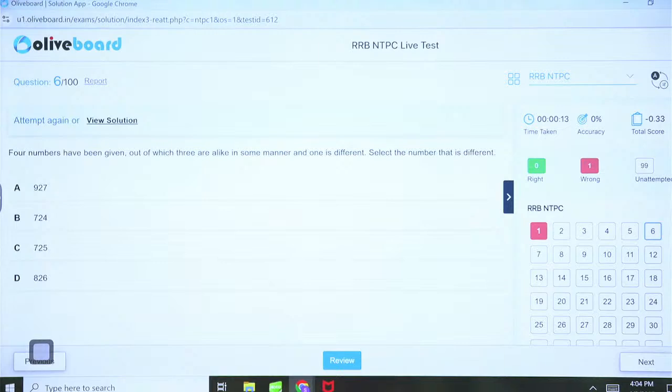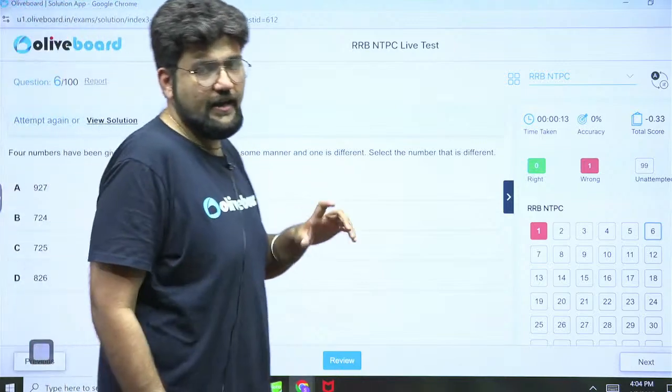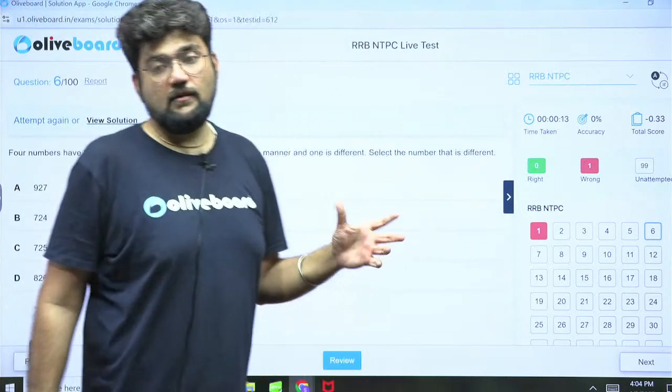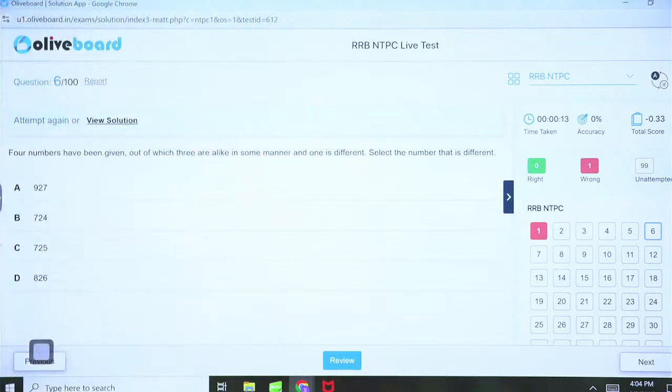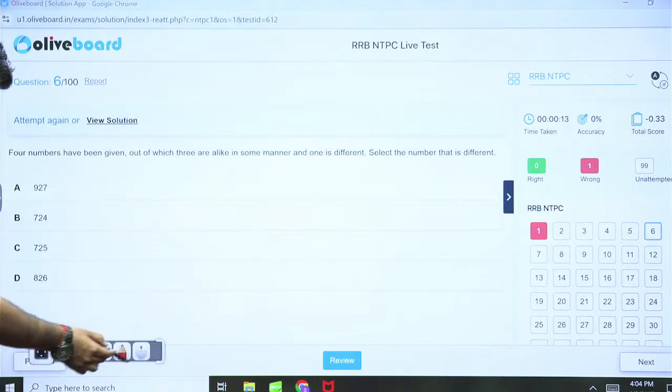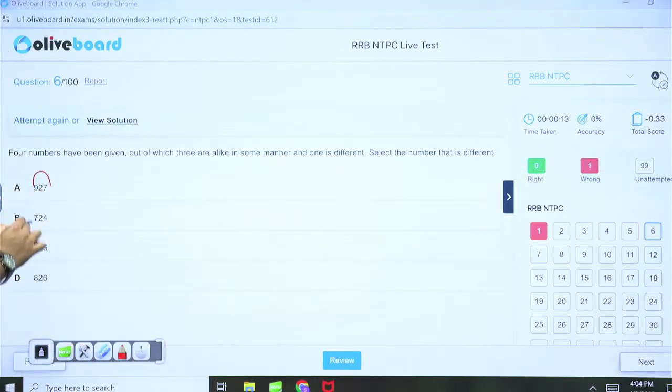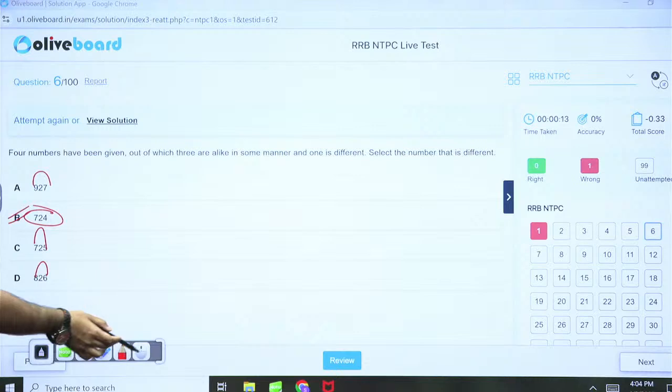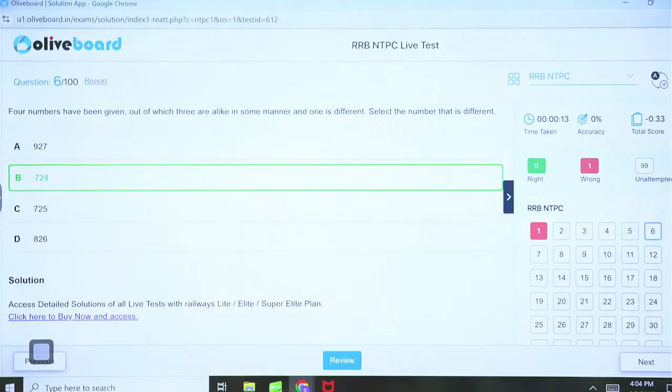But as I told you, it is a typical RRB NTPC question, because RRB exams still deal in digit based calculations. SSC has stopped doing that for the CGL exams, but RRB still does that. Just observe this. 9 minus 7 is 2, 7 minus 5 is 2, 8 minus 6 is 2, but it is not applicable here. So option B is the odd one out. It's as simple as that.